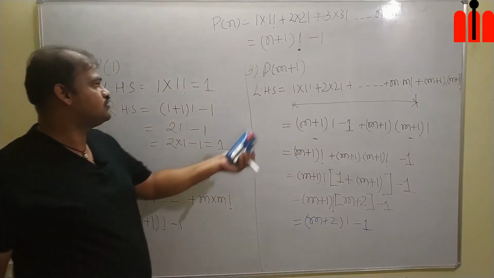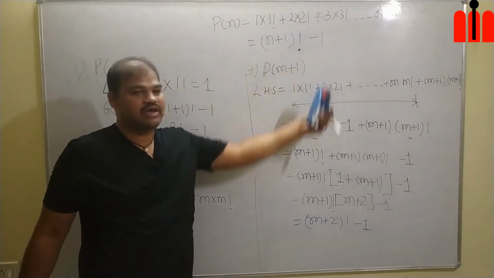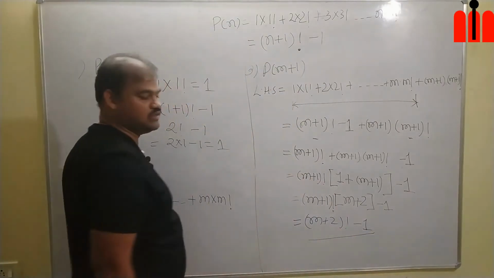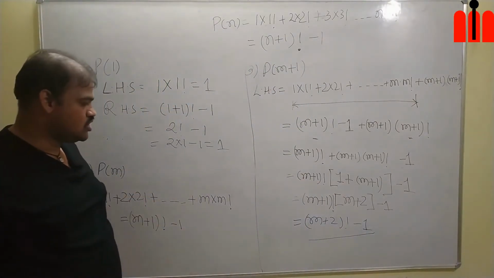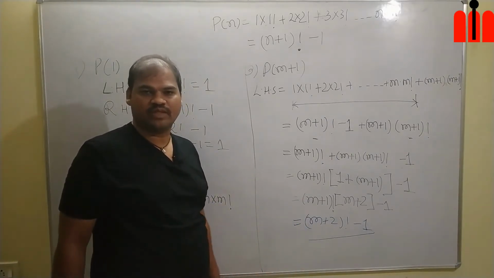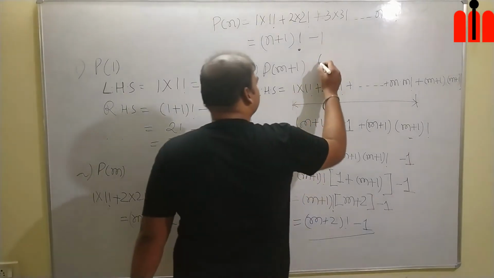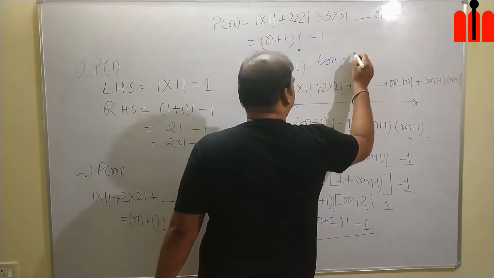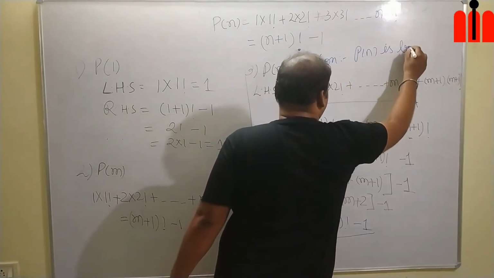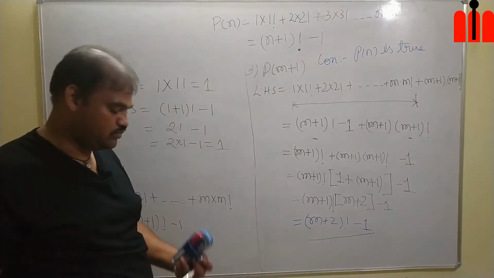If you substitute m plus 1 in the RHS, then you will get m plus 2 factorial minus 1, which we had come up with. So my P(m plus 1) is true. Right. So what is my conclusion? My conclusion is Pn is true.